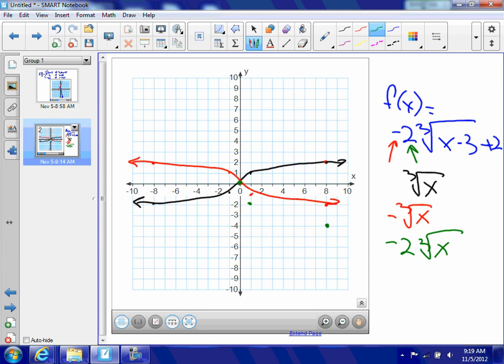I had -1, 1. I multiply my y value of 1 by 2, and I get -1, 2. And at x equals -8, I had a y value of +2. That's going to give me a y value of +4, because I'm multiplying it by 2. And now my graph looks like that. Oh, it's looking better all the time.